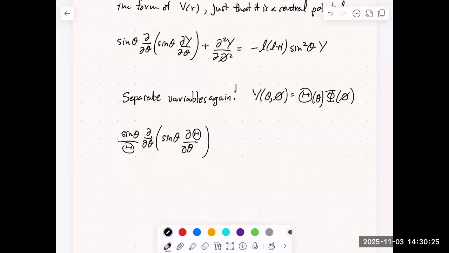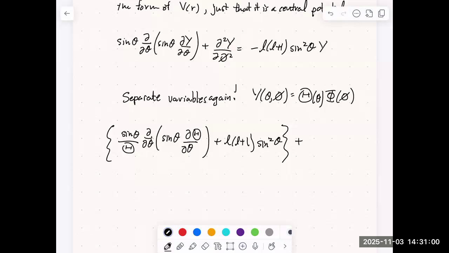Now we want stuff that involves theta. I have theta here on the right, so I'm going to move it over to the left. So the minus L times L plus 1 becomes a plus L times L plus 1, and then we still have sine squared theta. And that's it, because we're going to divide by Y, and so that gets canceled. Okay, so this is one part of our equation. That's all the theta stuff.